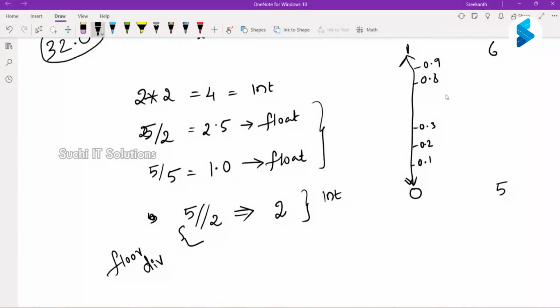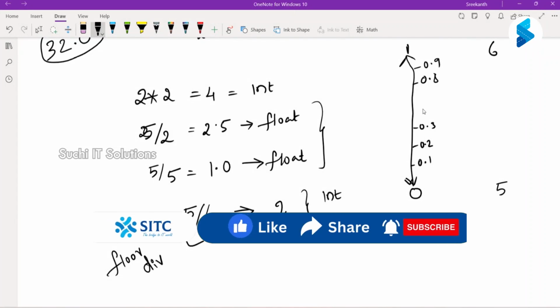These are all the decimals that we can see between 0 and 1. Similarly, between 5 and 6 would be something like 5.1, 5.2, 5.3, up to 5.9, and then 6, right?